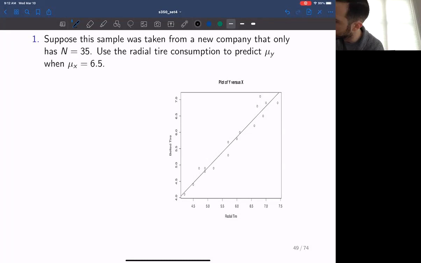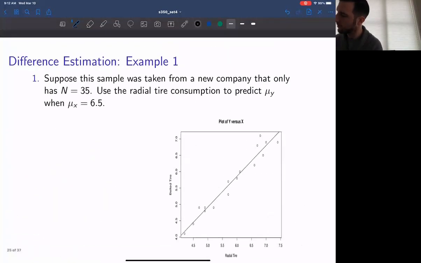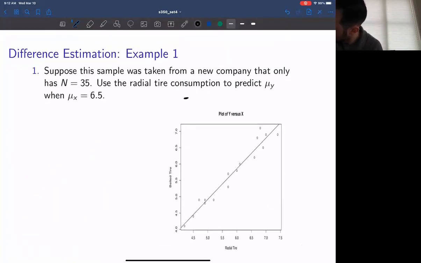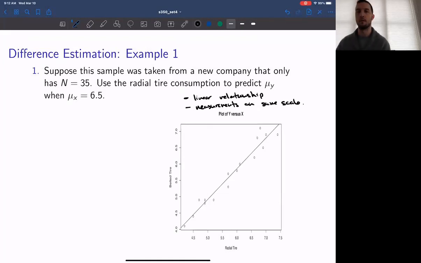So we have a linear relationship, and measurements on the same scale.